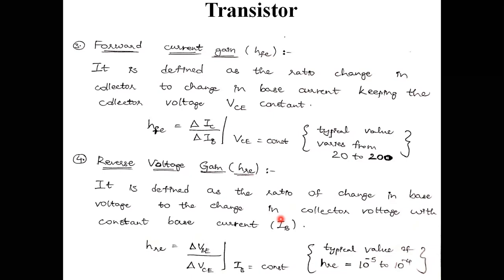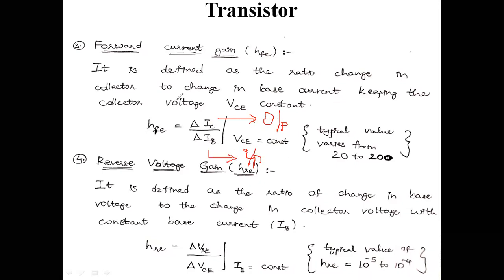That is reverse. Okay, in this way it is defined as the ratio of change in forward, meaning normal phenomena, that is output. This is output and this is input. Forward is output current by input current.